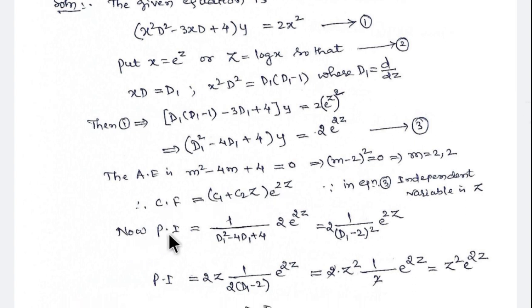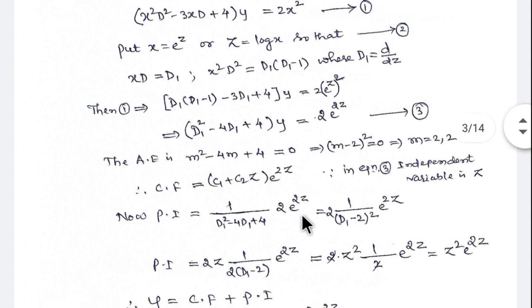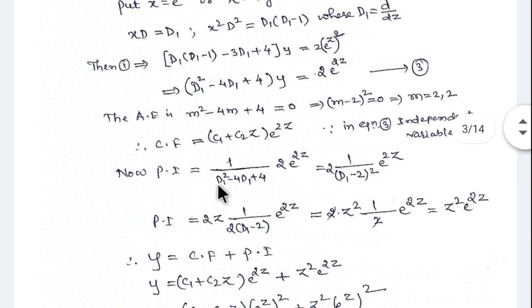Now the particular integral equals 1 divided by the symbolic coefficient of y, that is 1 divided by (D1 square minus 4D1 plus 4), operating on the right-hand side 2 into e raised to 2z. In this method, wherever there is D1, replace D1 by 2, the coefficient of z in the exponential function, and see whether it becomes 0 or not.